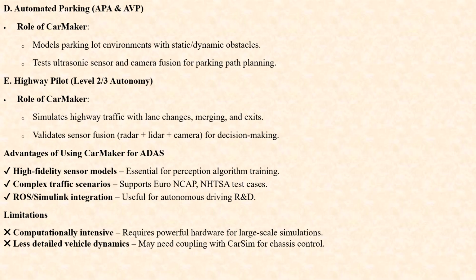Some OEMs designate highway pilot as L2 plus autonomy. For developing L2 plus autonomy, highway simulation with lane changes and merging is perfectly compatible with CarMaker. It also validates sensor fusion like radar plus LiDAR plus camera for decision making.